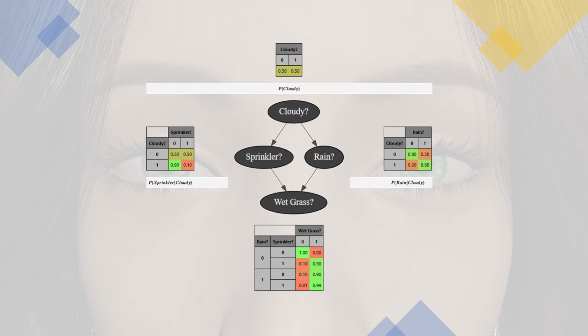So for example, if the sky is not cloudy, then we have a 50-50 probability of the sprinkler being on or off.